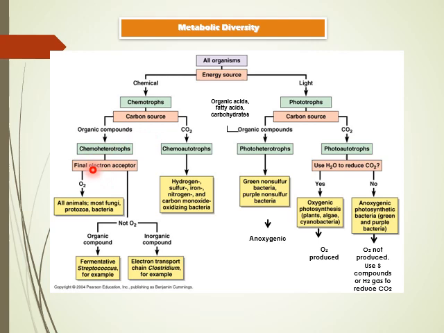Depending on the final electron acceptor, we can see what kind of organisms are in the group. Those that use oxygen as the electron acceptor in the electron transport chain include all animals, fungi, protozoa, and bacteria. The ones that don't use oxygen as the final electron acceptor are further divided into those using organic compounds or inorganic compounds.